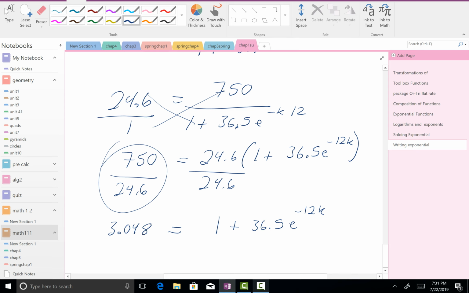And here we are, down to that same equation that we've had the whole time. We just need to divide and then log both sides.